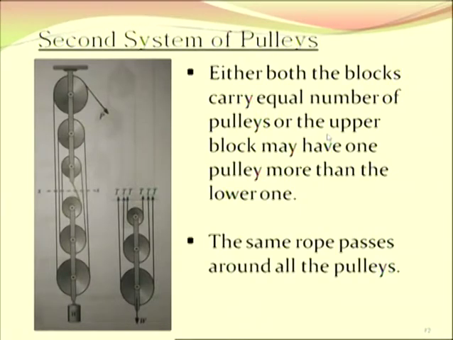The same rope passes around all the pulleys. The rope is wrapped here, moving around each and every pulley, and here it is shown as P and here it is shown as W. So P is the effort and W is the load.